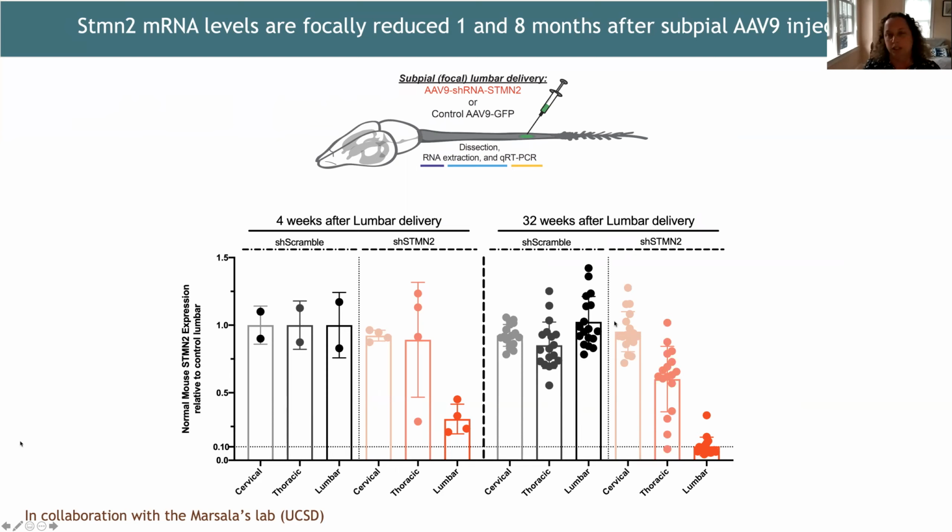I've not told you, but statin 2 is part of a family of statin 1 to 4, and so we wanted to make sure that our AAV is targeting only one of them, and indeed the others are preserved, as well as some targets of interest.